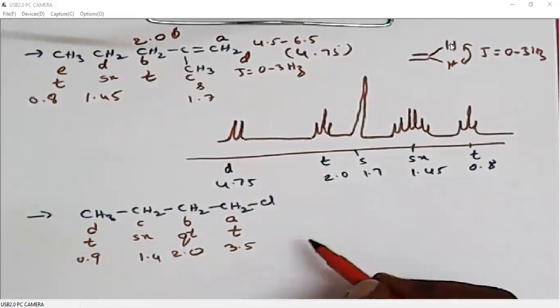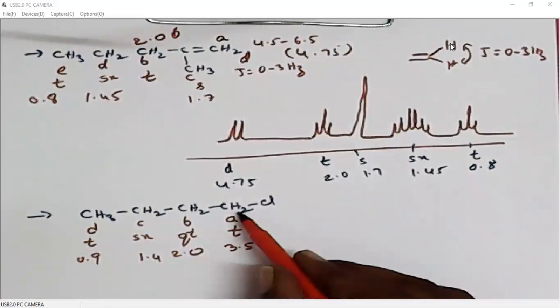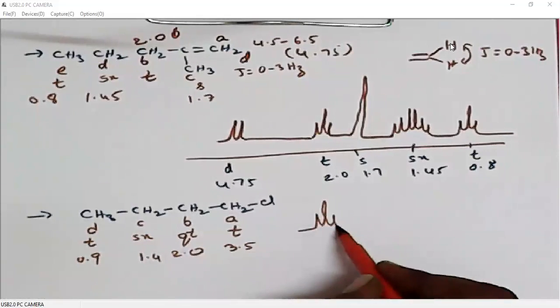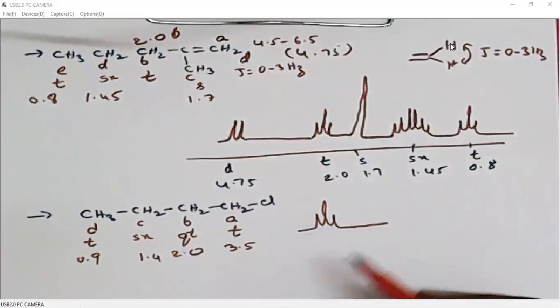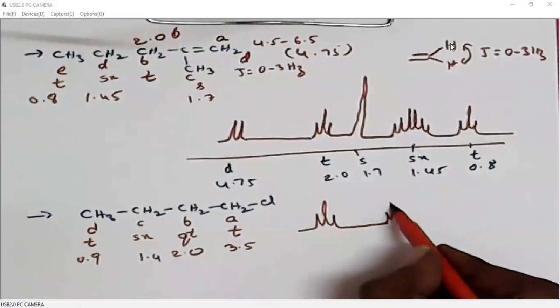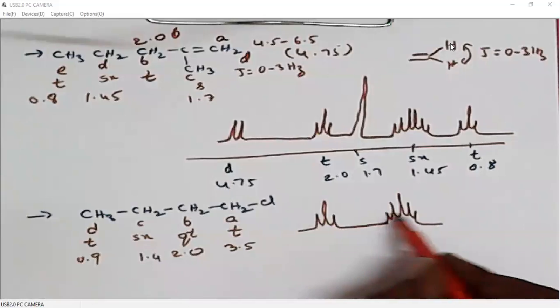We will also try to draw a model spectrum. So this is giving a triplet, then it is giving a quintet, 1, 2, 3, 4, 5. I am writing these multiplets based on their ratio of intensities.